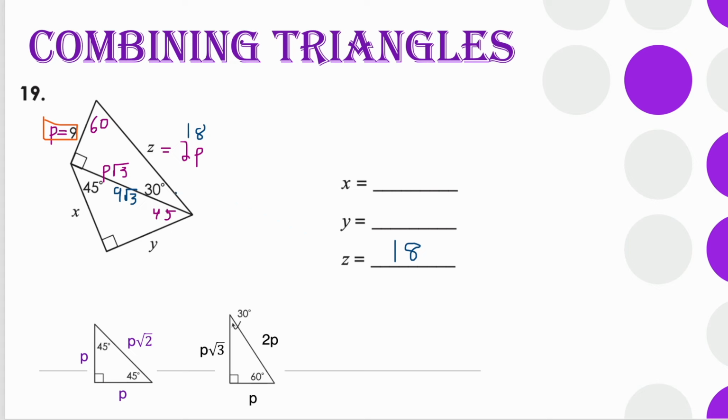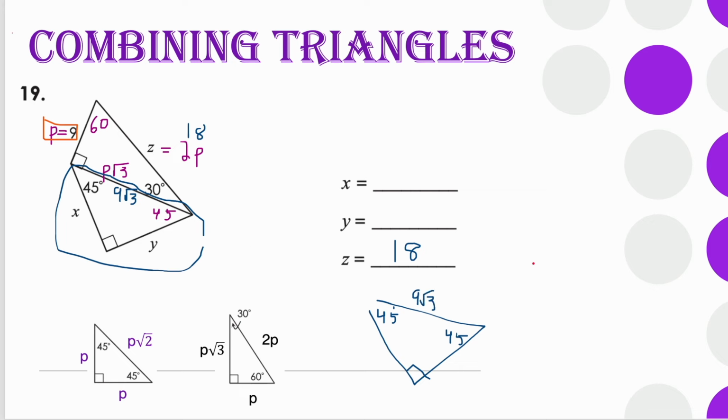And now what we have to do is do it again, but this time for the bottom triangle. The bottom triangle, we have a 45, 45, 90. And we know that the hypotenuse, or the diagonal side in the middle, is 9 root 3. Now we can do our p method again, but this time the p value is going to be different.